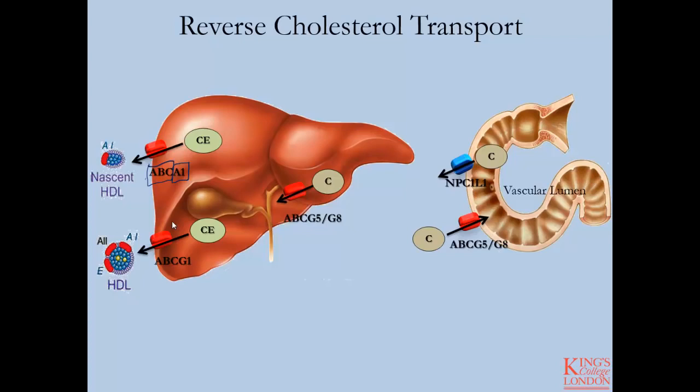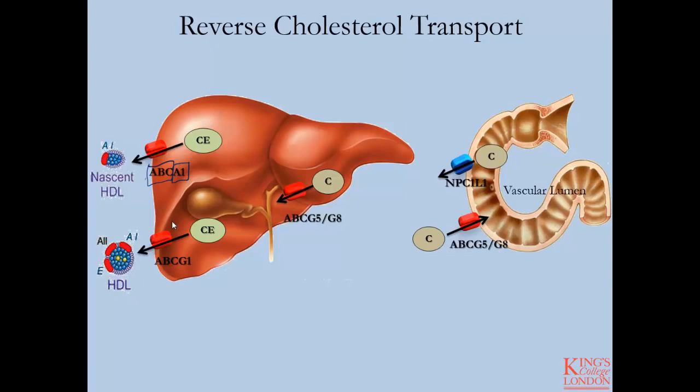So for example, ABCA1, which is expressed ubiquitously in the body at various tissues, in the liver, in the gut, highly expressed in macrophage, as well as other tissues, ABCA1 will recognize nascent HDL. Upon association with ABCA1, nascent HDL particles will then receive cholesterol from the cell that it's associated with, increasing its cholesterol content.